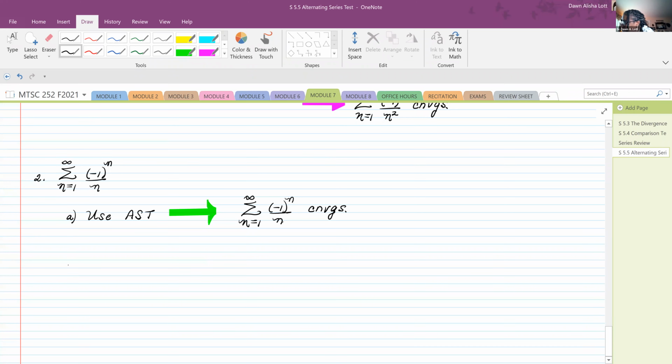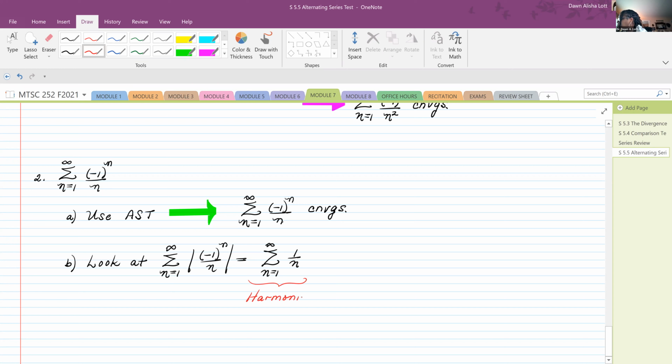All right, well, B, let's look at the sum n equals 1 to infinity of the absolute value of minus 1 to the n over n, which is equal to the sum n equals 1 to infinity of 1 over n. That's the harmonic series, and the harmonic series is divergent.